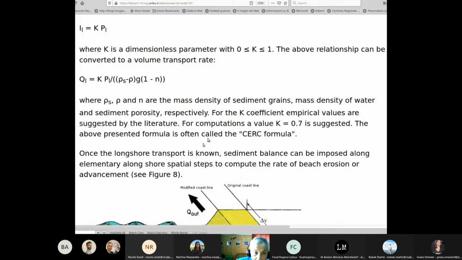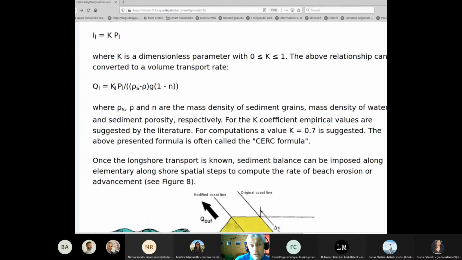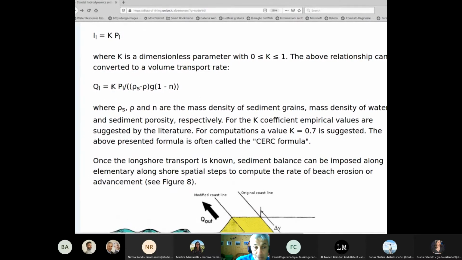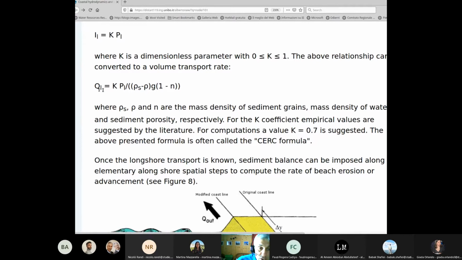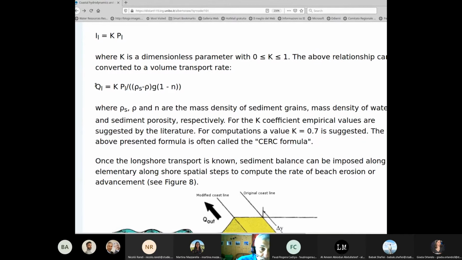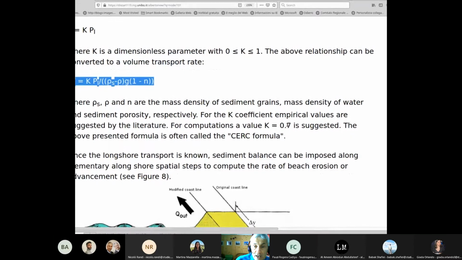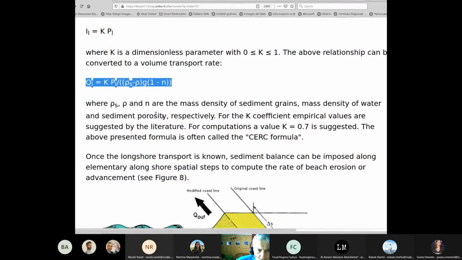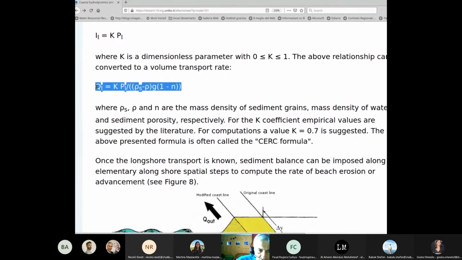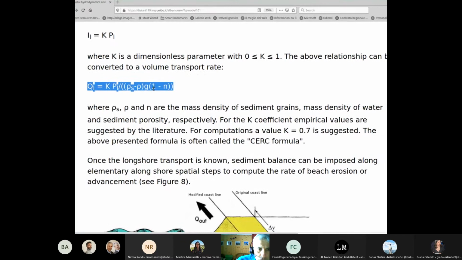And then you get an indication about the value of K. Let's suppose that you took K equal to 0.7, as suggested by the literature, and you compute the sediment rate according to this formula, fine.